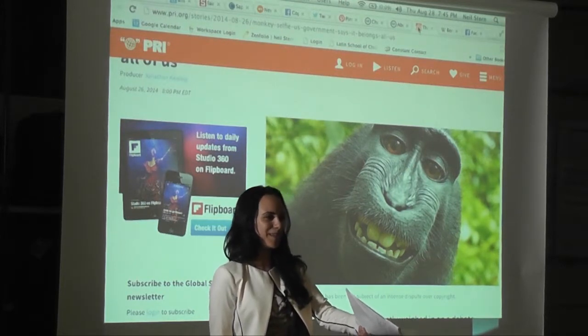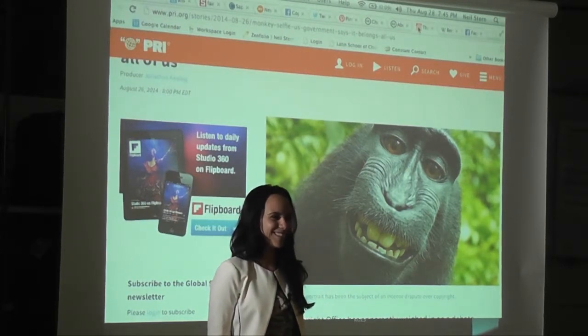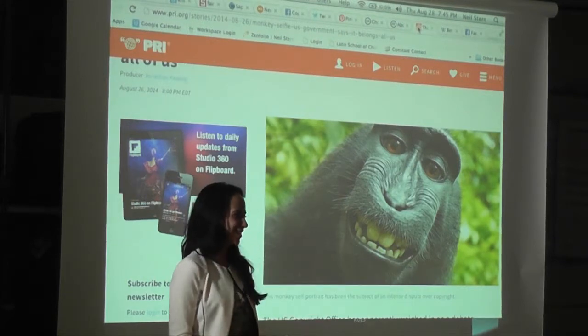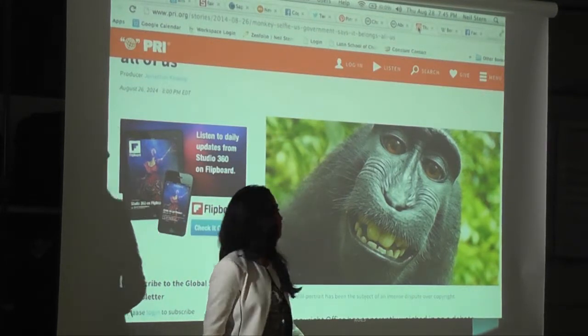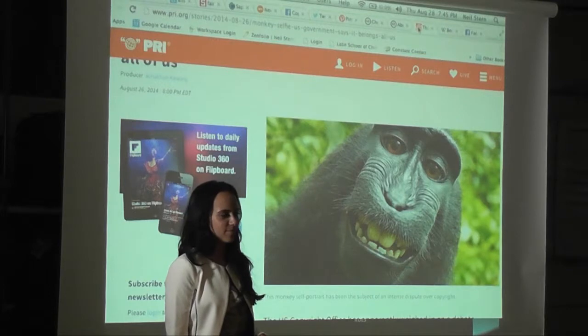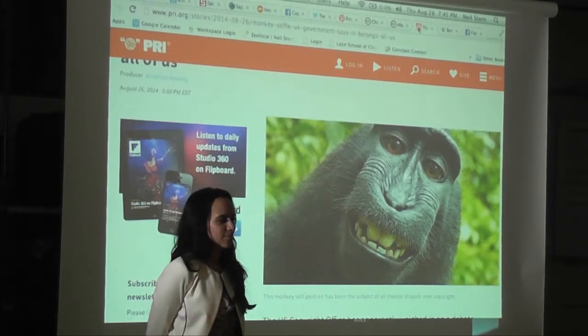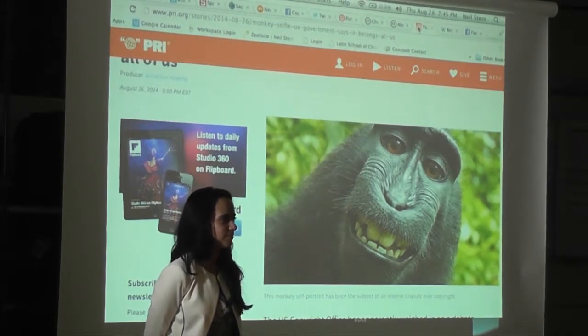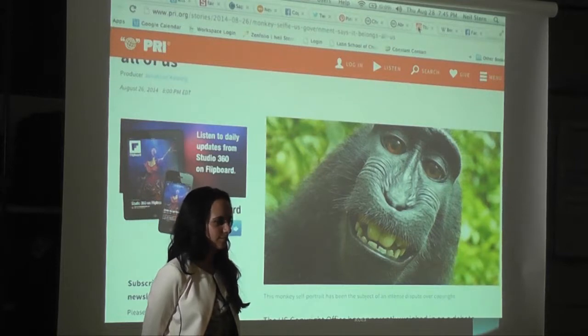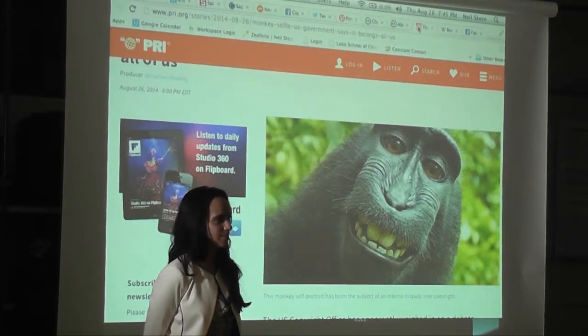Who wants to tell me what the monkey case is about? The photographer set up his camera in such a way that wildlife could trip the shutter and take photos of itself. The photo got to Wikipedia, and Wikipedia posted the image.